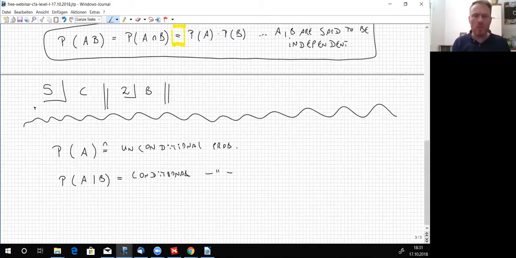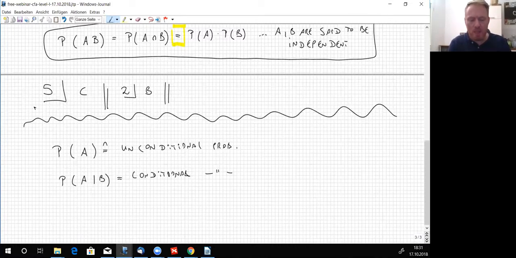Meaning that B has to happen first, and given that B happened first, we now want to compute the probability of A taking place. So the conditional probability of A given B is denoted by A and a slash and a B. So A given B would be a conditional probability.